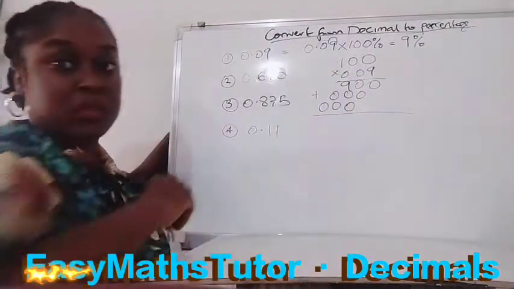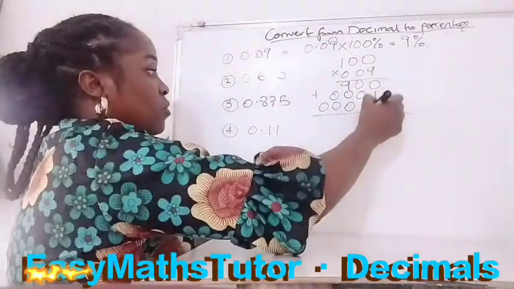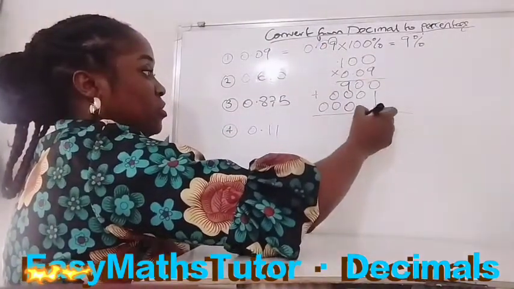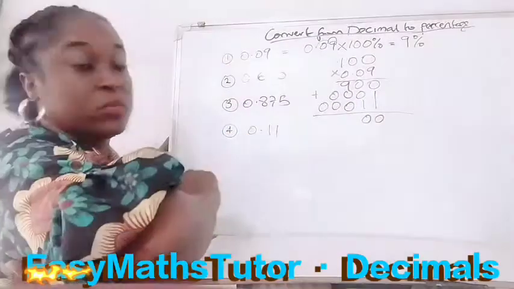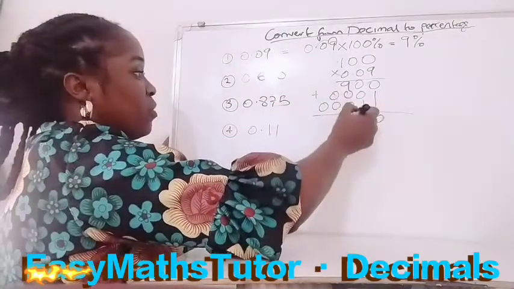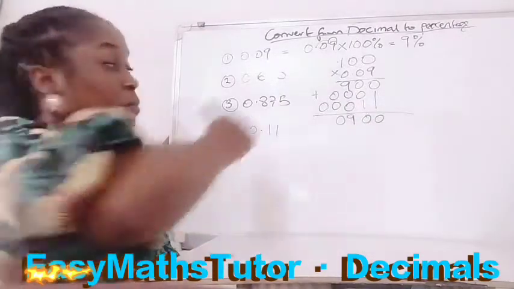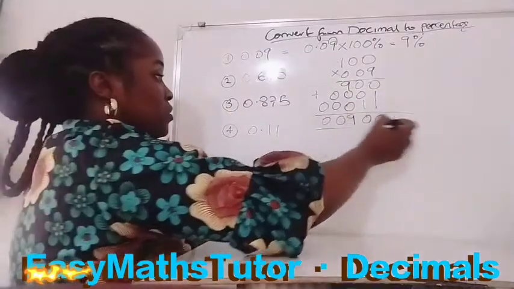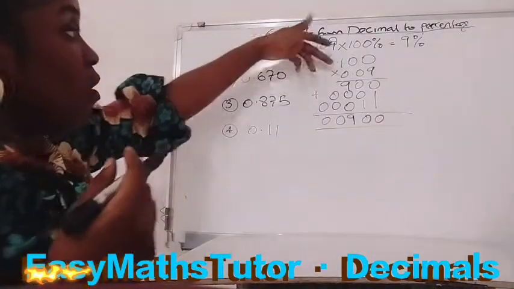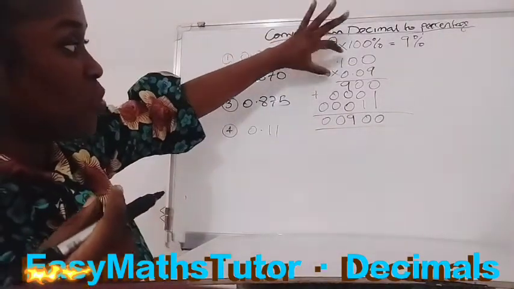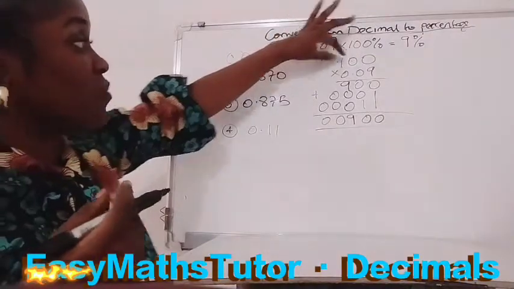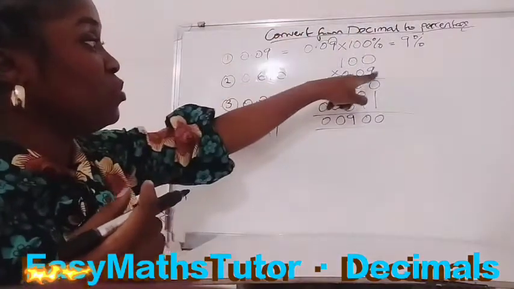So we're adding this up. So this will become 0. 0 plus 0 becomes 0. 9 plus 0 plus 0 becomes 9. 0 plus 0 becomes 0. 0 becomes what? 0.